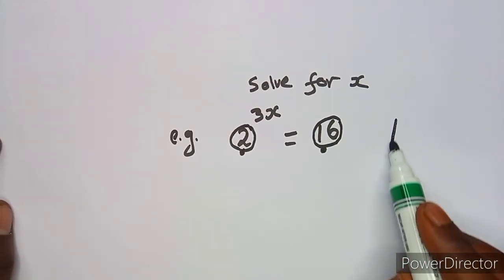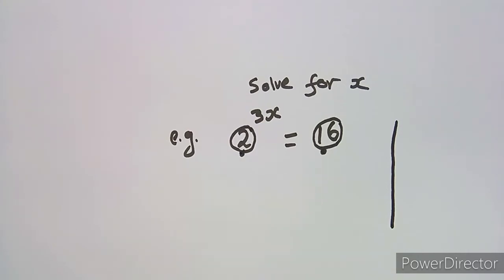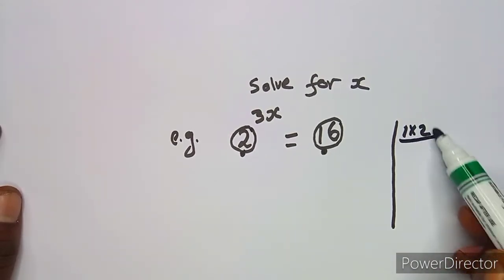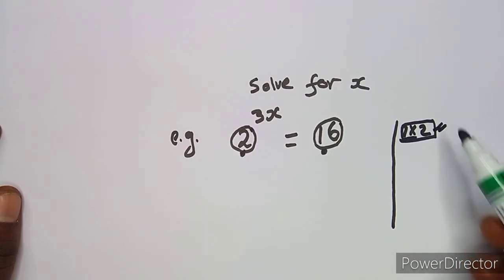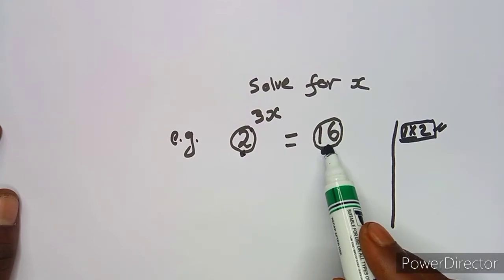I'm not going to focus on 2. Why? 2 is a prime number, a prime factor. It's already in its simplest form. The only numbers that you can multiply to get 2 are 1 and 2, and there's nothing that we can do on 2. So I'm not going to focus on 2, but I'm going to focus on 16.